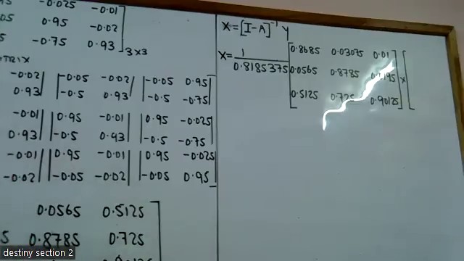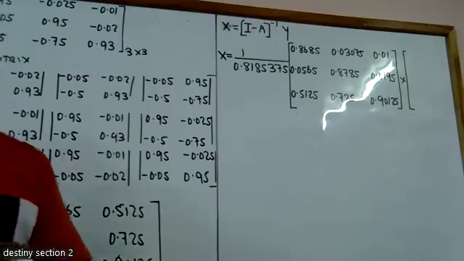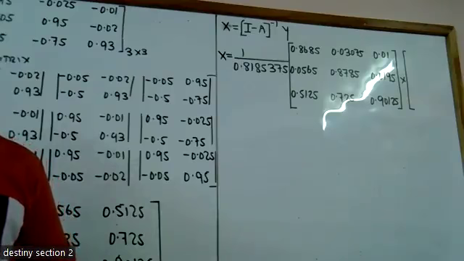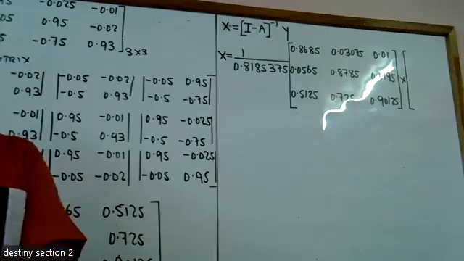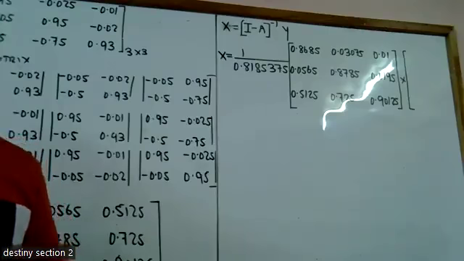Ukiangalia hapo kwa question paper tulikuwa tumeambiwa now, using the information given below, determine the level of output necessary from each sector to support a final demand of 500 units for X1, 1,600 units for X2, 2,000 units for X3.